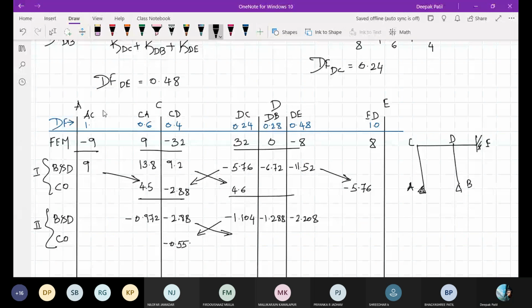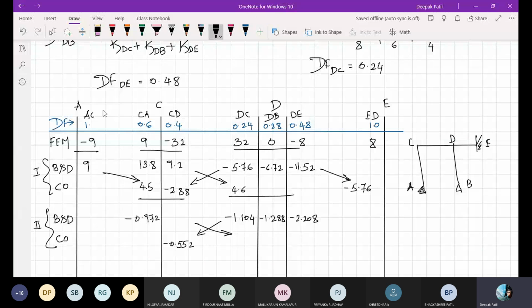-0.552. Did I make a mistake here somewhere? This is not minus.